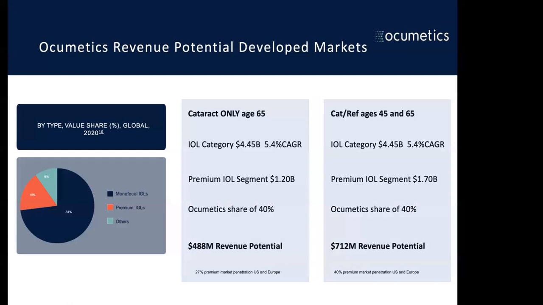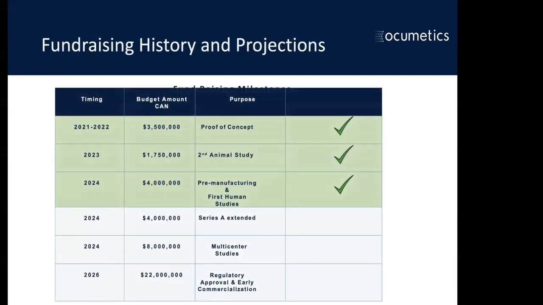And my numbers are really conservative because of how many potential people will be in the market. If you look at the history of what we've been able to do and some of the projections that we're looking at from a budgeting perspective, we just finished up in 2024, less than a month ago, a $4 million raise. And that raise was for some pre-manufacturing, which we made an announcement on, and to go into our first in human.